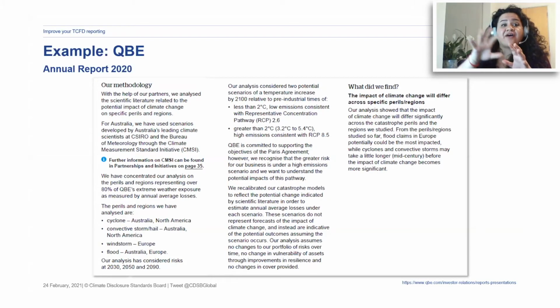So the example that I've put up on the screen here describes the methodology and the approach that they took to scenario analysis. And this one, I think, is specifically on physical risk. And then they have a lot of information about what they found and what that meant for the business and for their strategy. I was only able to show you a small portion of that, but I do encourage you to take a look at their report and see the level of depth in which they go into.